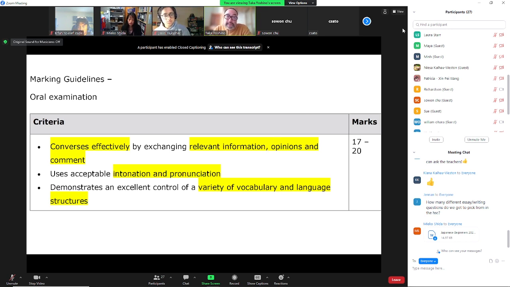Second part is intonation and pronunciation. Not many people have problem with these, as long as you can read and write hiragana. Okay. There are some people who write in alphabet on top of hiragana and kanji, how you read.